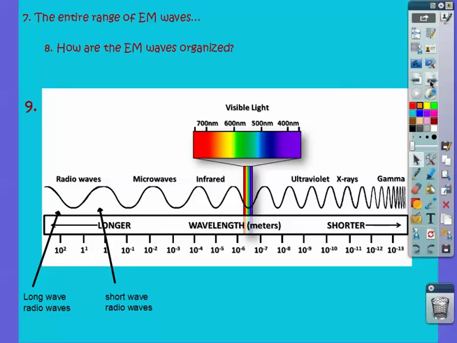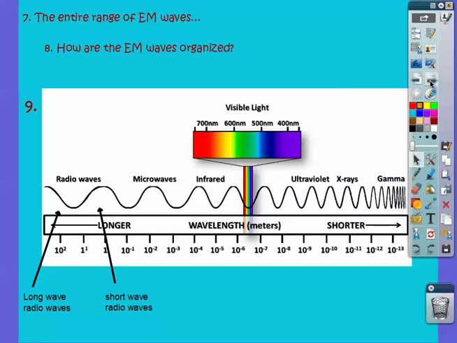Now, we said there's this whole range of different electromagnetic waves, and we call this the electromagnetic spectrum. And this electromagnetic spectrum is a listing, an organization of all of the different electromagnetic waves that we know of. And it can really be arranged based on the wavelength of the wave as well as the frequency.